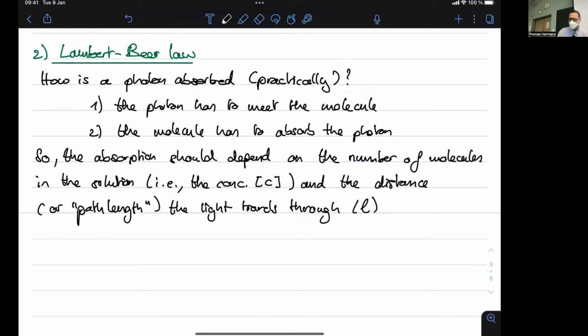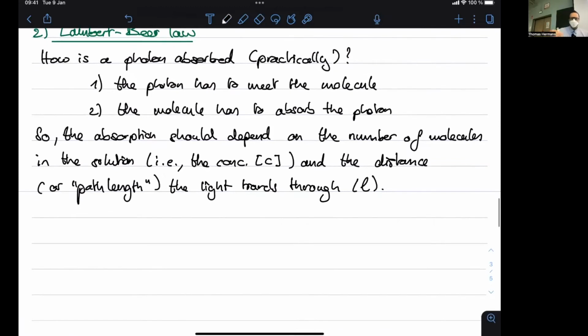L, we'll call it L. And in addition, the energy has to match the transition. So this was delta E is h nu, plus it should be allowed. Okay, this was from the previous class.